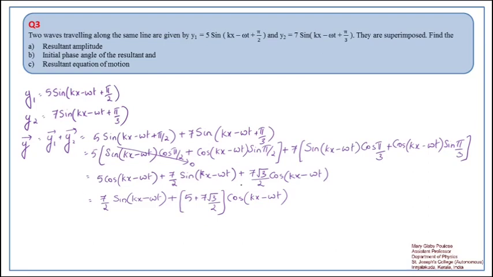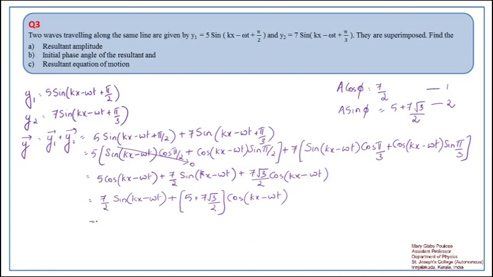So I am going to use the substitutions: A cos φ is equal to 7/2 and A sin φ is equal to 5 + 7 root 3/2. These two equations are 1 and 2.